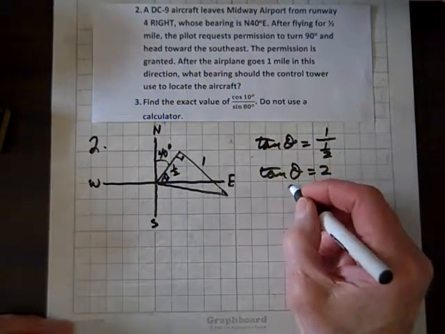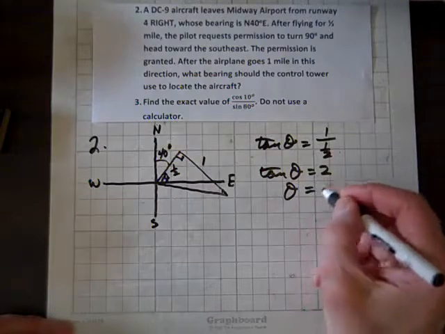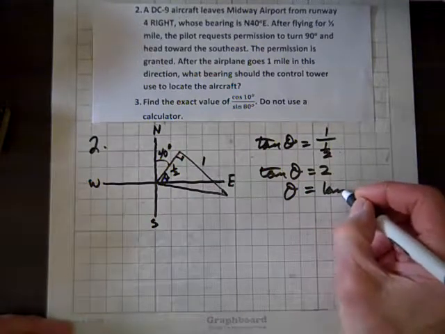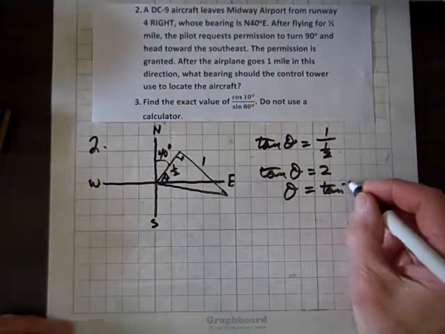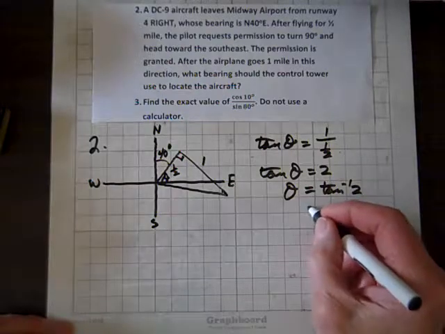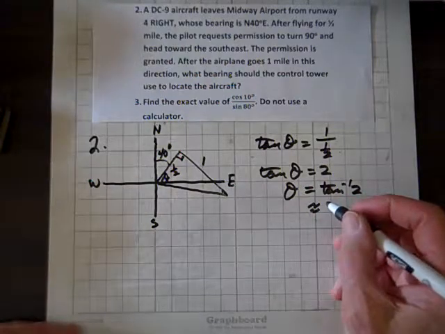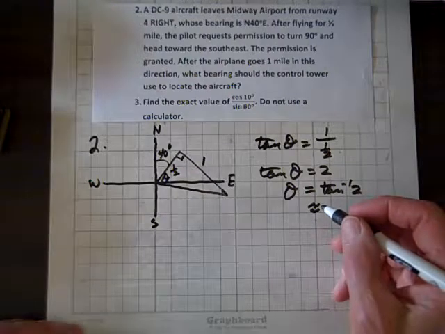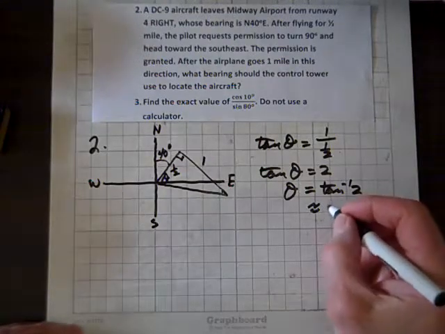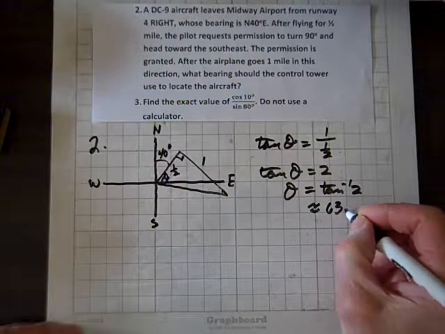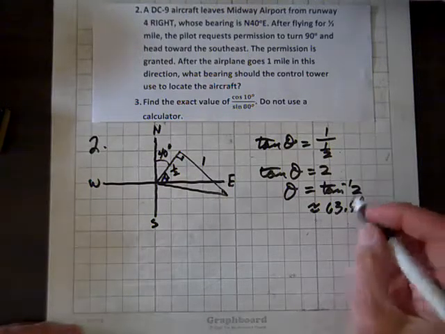2, so theta equals the inverse tan of 2, which equals approximately 63.4 degrees.